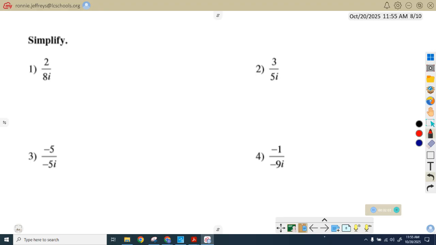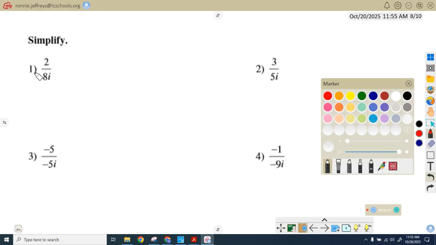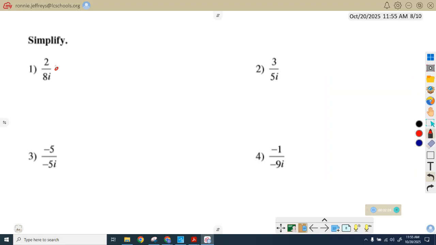So here's our problem. We have to multiply right here by i over i. So this becomes 2i over 8i squared. That's now 2i, and this is 8 times -1.